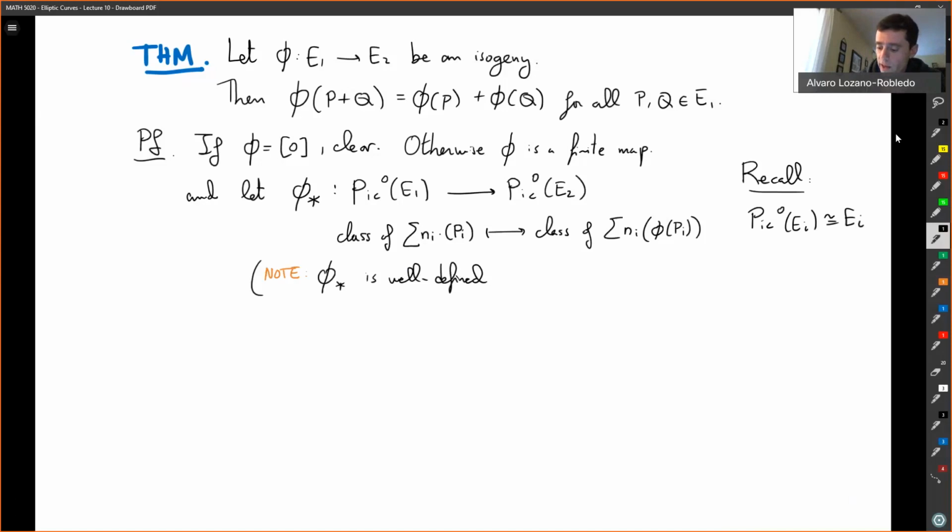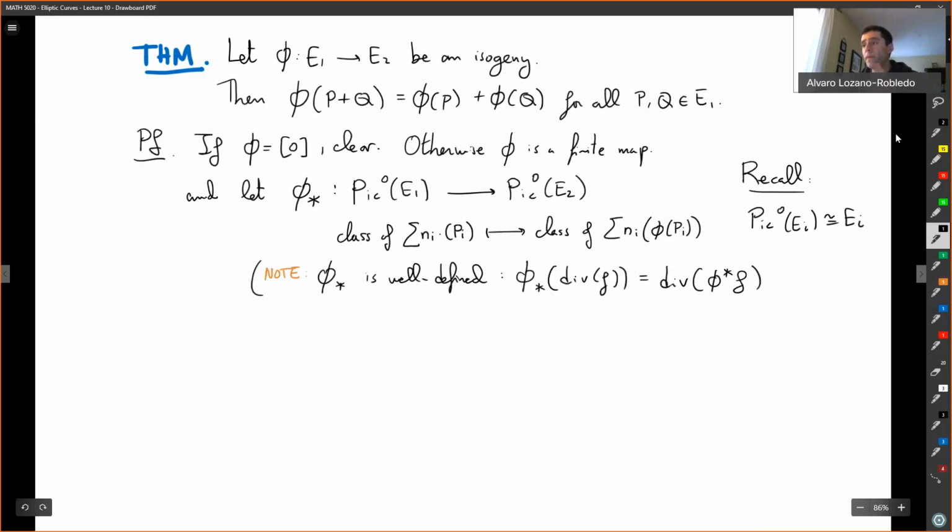That is true because phi lower star of the divisor of a function f is the divisor of phi star of f. But that phi upper star is not the phi star that we already defined.